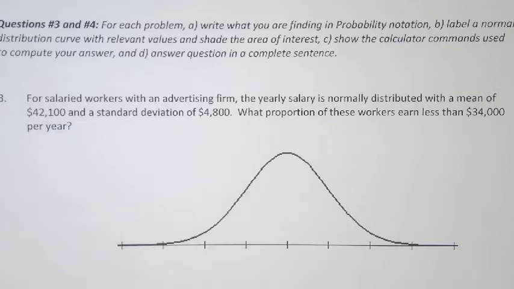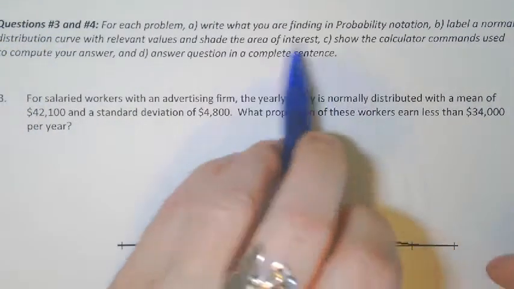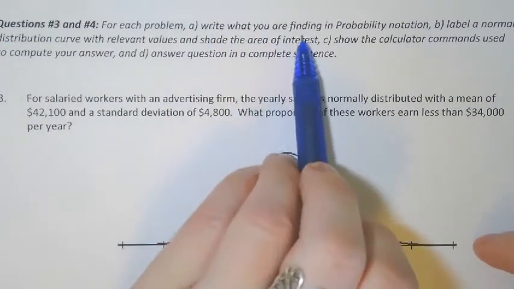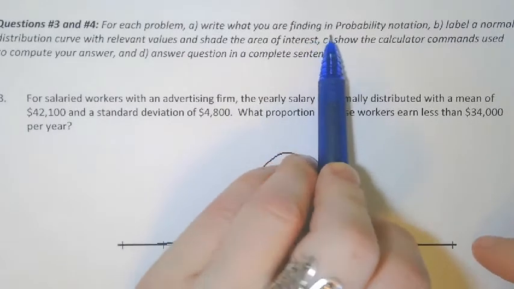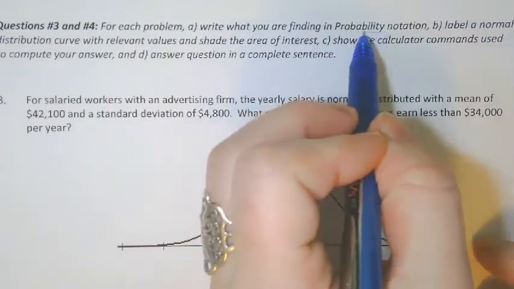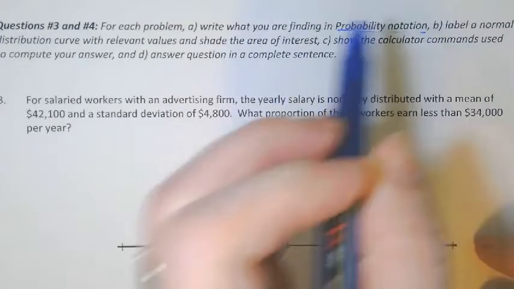Okay, here we're going to be taking a look at practice question number 3. So the instructions were, for each problem, write what you are finding or looking for in probability notation.